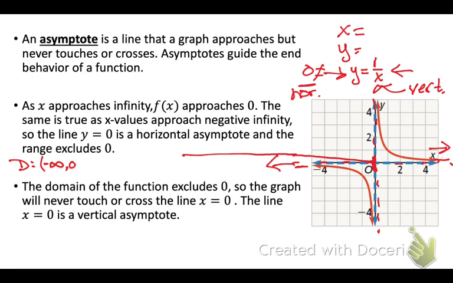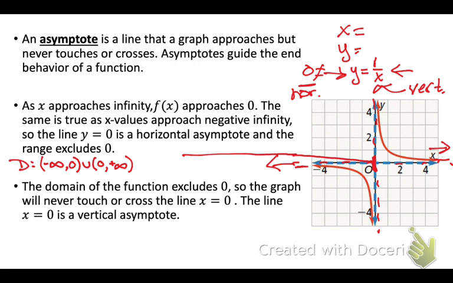So negative infinity to 0. And it would not be a bracket, it would be a parenthesis because it doesn't include 0. Union, so you put a U. And then you pick back up at 0 and go to where? Positive infinity. And we have parentheses on both ends because 0 is not included, right?